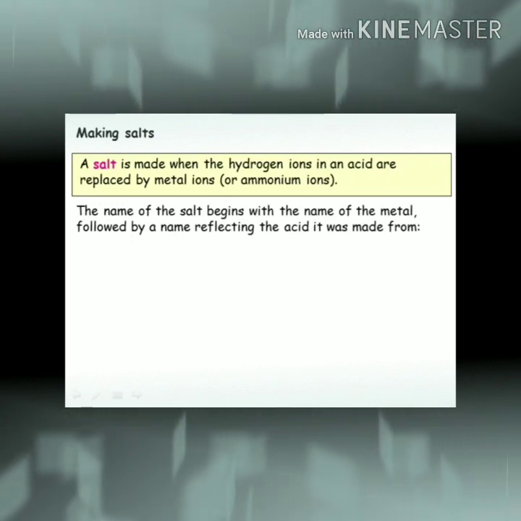So basically, common salt or table salt is in the form of sodium chloride, right? In fact, the salt has two parts. The first part will be the metal ion or ammonium ion, and the second part is from the acid, whose hydrogen ion will be replaced. For example, sodium chloride is produced by replacing hydrogen ion with sodium ion.